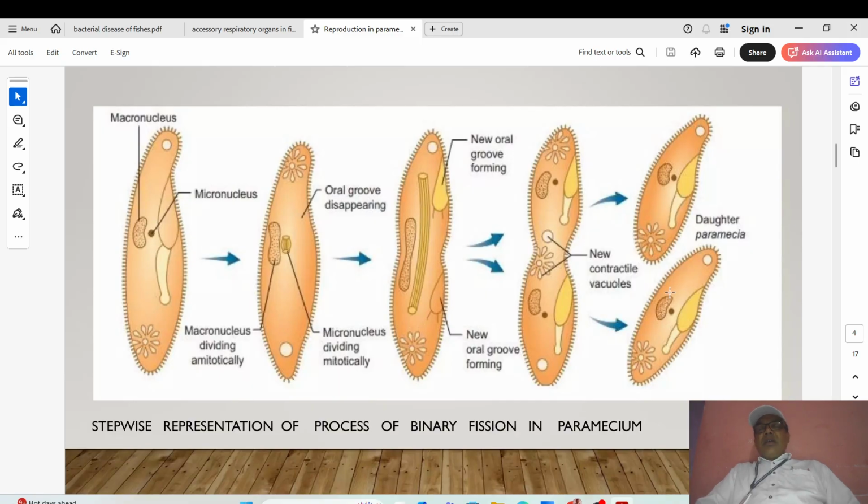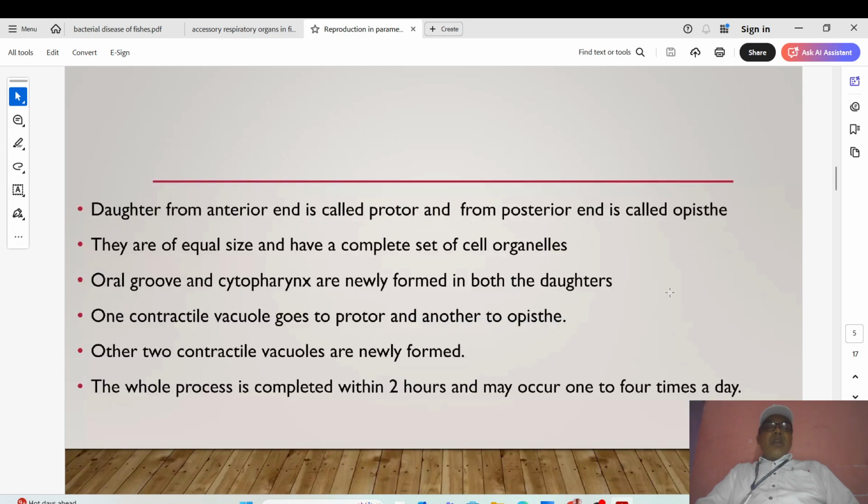At last, the Paramecia separate from the constriction and two daughter Paramecia are produced. This figure shows the process of binary fission in Paramecium.